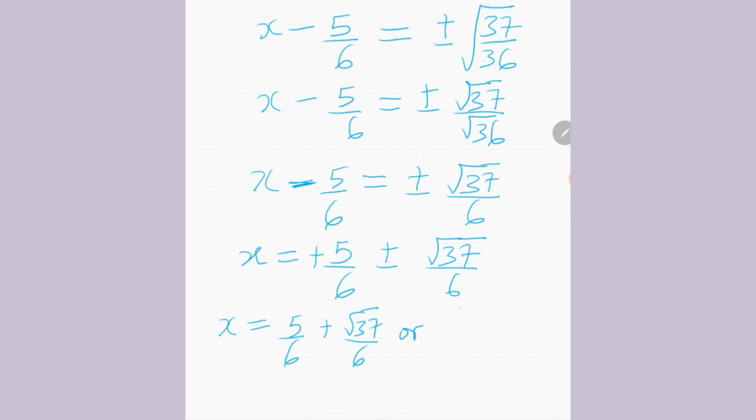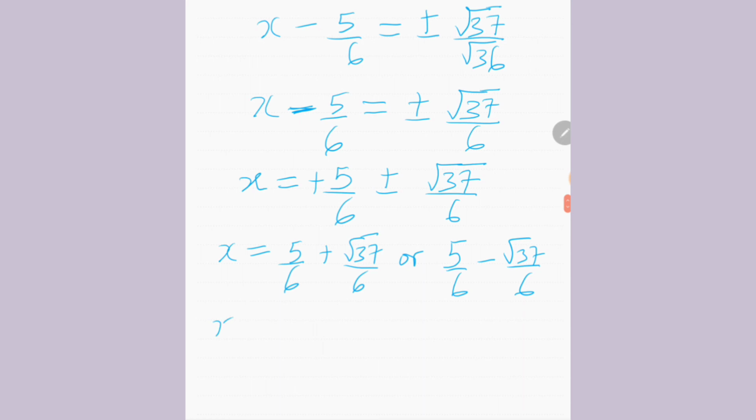So the plus or minus is split into plus and minus. From here, you can go on by saying 5 plus root 37 over 6, since they have the same denominator, or you can say 5 minus root 37 over 6.